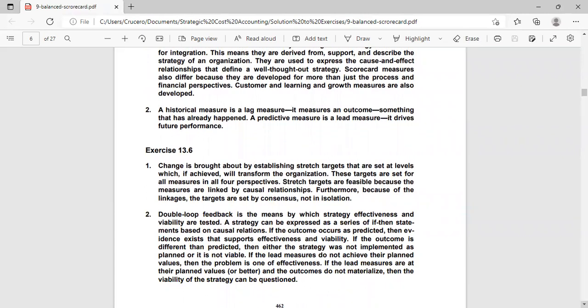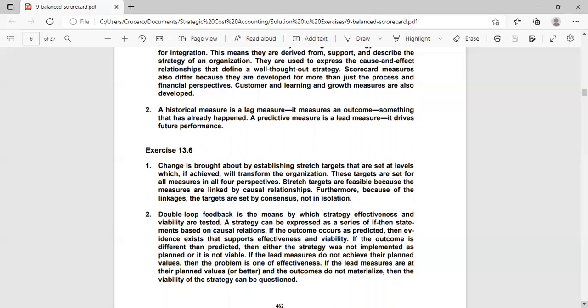13-6, number 1, change is brought about by establishing stretch targets that are set at levels which, if achieved, will transform the organization.